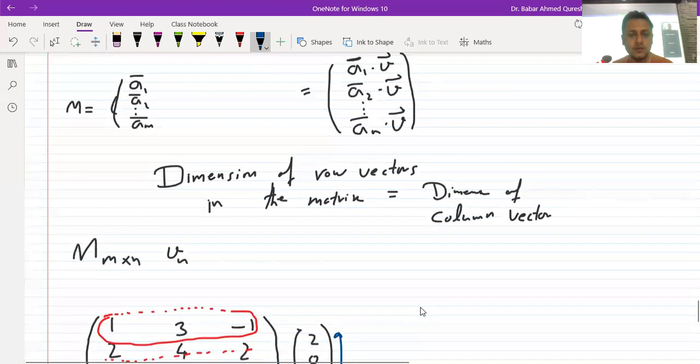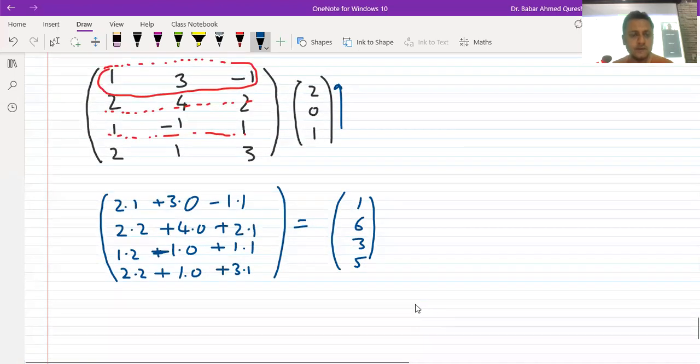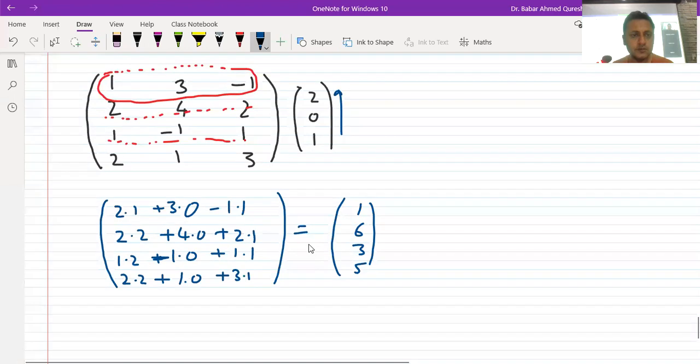There should be a 7 over here. 2 times 2, 4. 4 plus 3, 7. So you get the same answer, thinking in both of these terms.